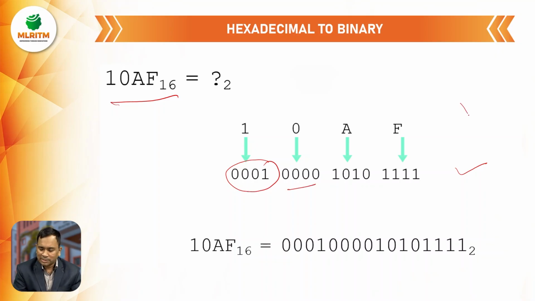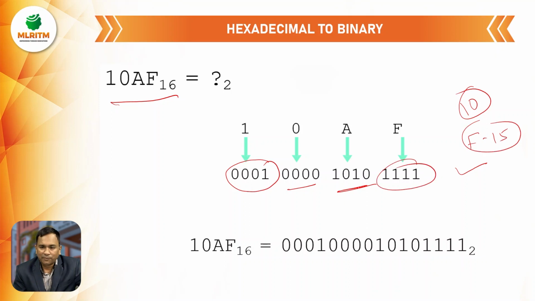A indicates the value 10, and the binary value is 1010. F indicates the value 15, which is four ones. After mixing up all these values, 10AF (base 16) is my hexadecimal number.